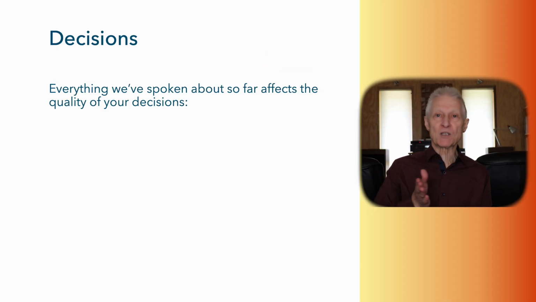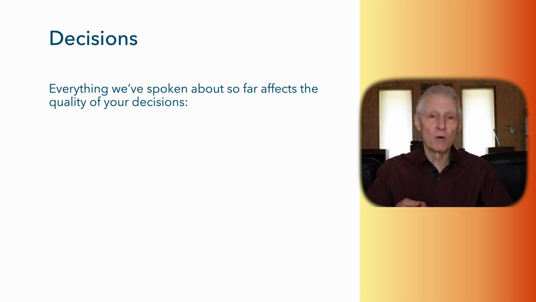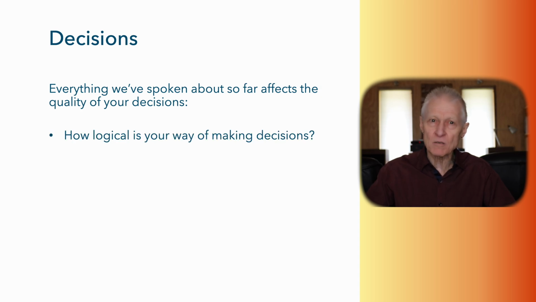Everything we've spoken about so far, narratives, stories, internal dialogue, learning, affects the quality of the decisions you make and the quality of life you have as a consequence of them. In generative critical thinking, steps 5 and 6 help you uncover answers to questions such as: how logical is your way of making decisions?